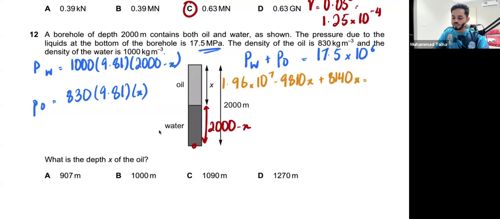And this is equal to 17.5 into 10 to the 6.